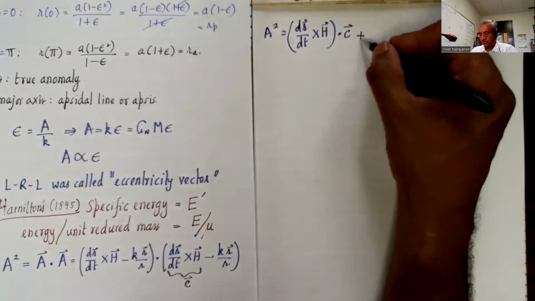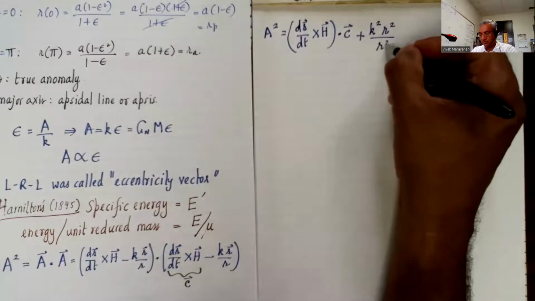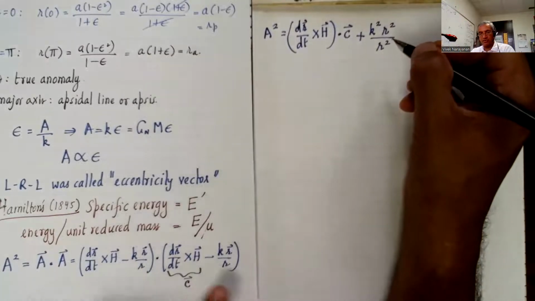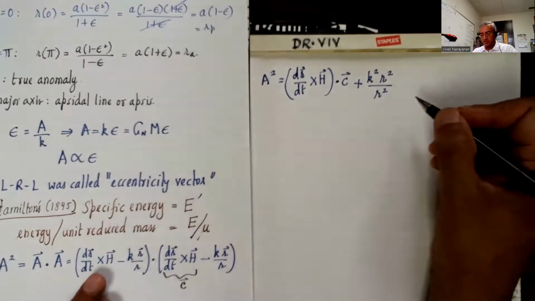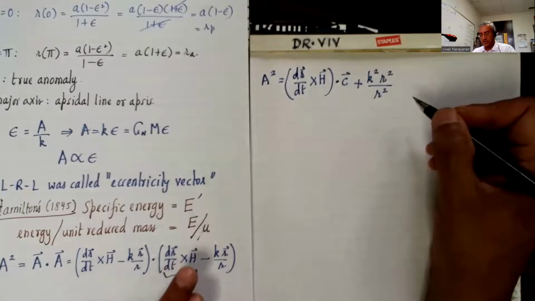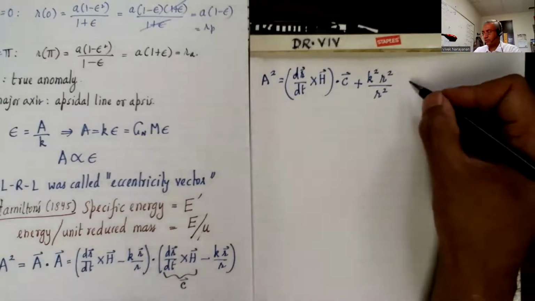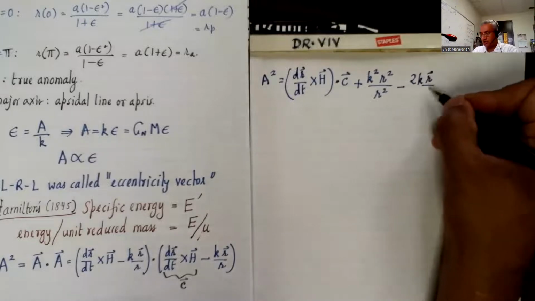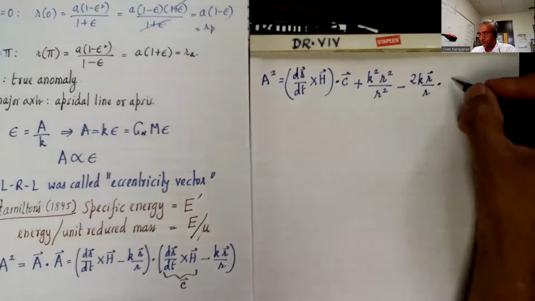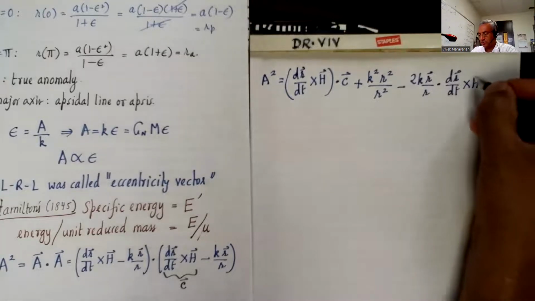That's going to give me plus K squared R dot R, which is R squared, over R squared, because I have to also multiply the two R's in the denominator. And then I'm going to get two identical terms, this dotted with that and that dotted with this. Since the dot product is commutative, I can write this as negative 2K R over R dot (dr by dt cross H).